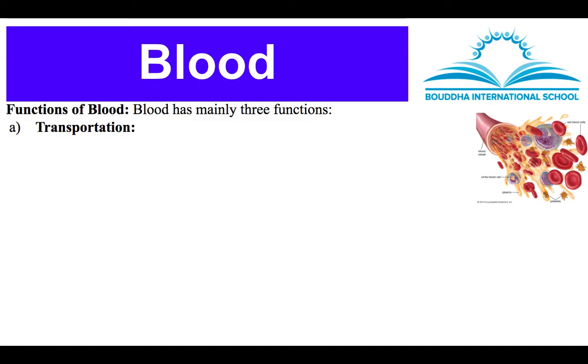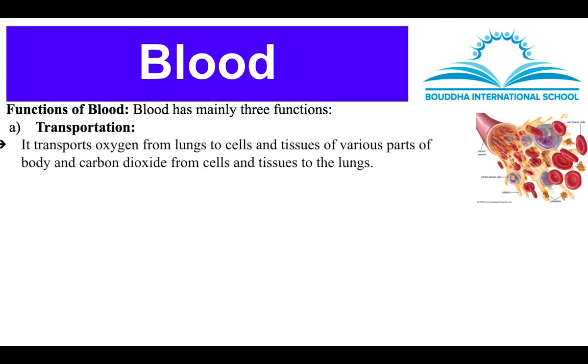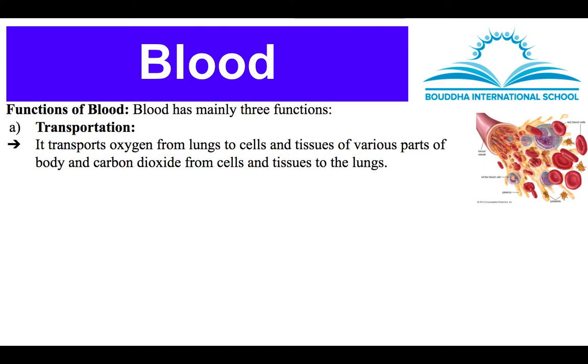Under transportation, what does it transport? One is that it transports oxygen from the lungs to different parts of the body with the help of RBC. In RBC, hemoglobin is mainly present, and this hemoglobin is responsible for carrying oxygen from the lungs to different parts of the body.